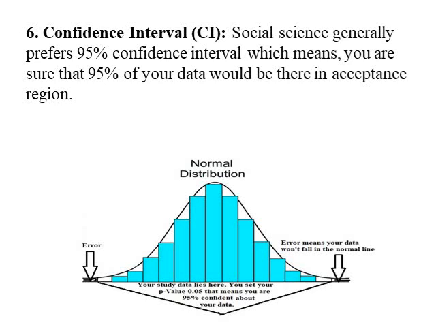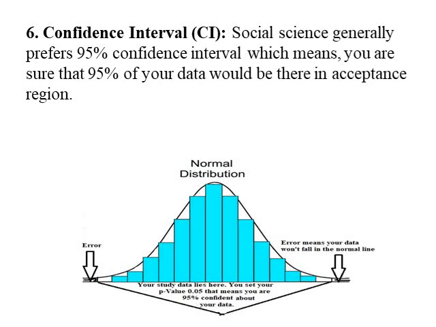Confidence interval. Social science generally prefers 95% confidence interval, which means you are sure that 95% of your data would be in the acceptance region. Please see the diagram below. Here you can see that 95% of data stays within the normal distribution curve. Only 5% went outside in both directions, in the right direction and even in the left direction.